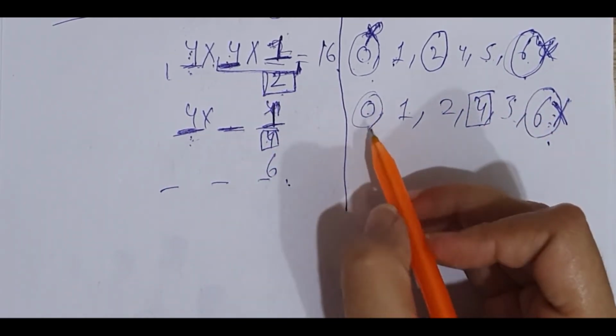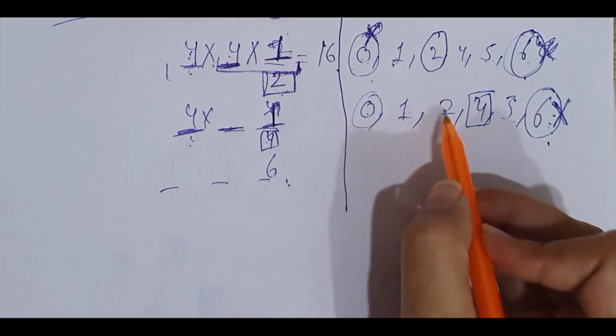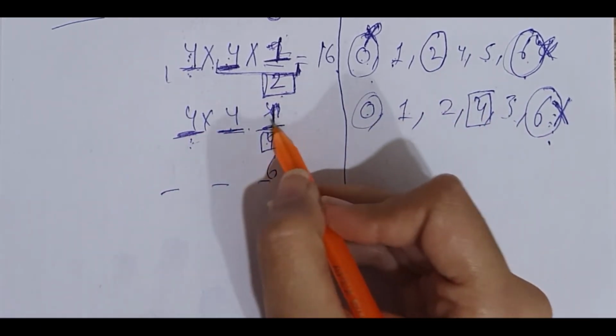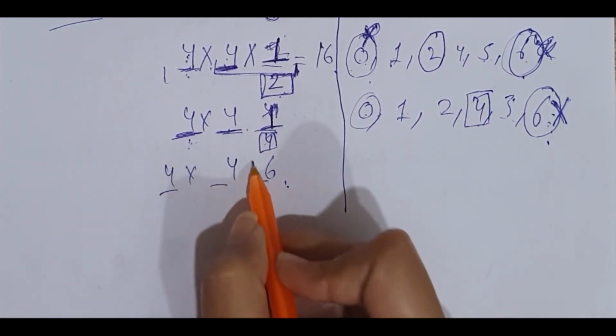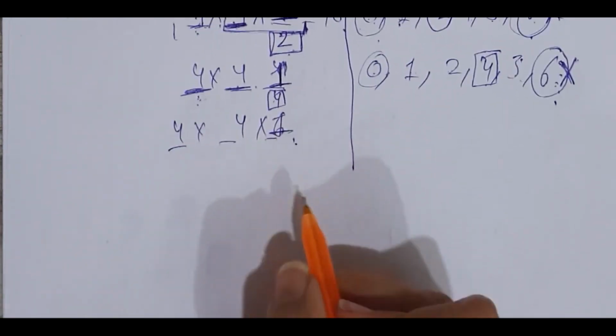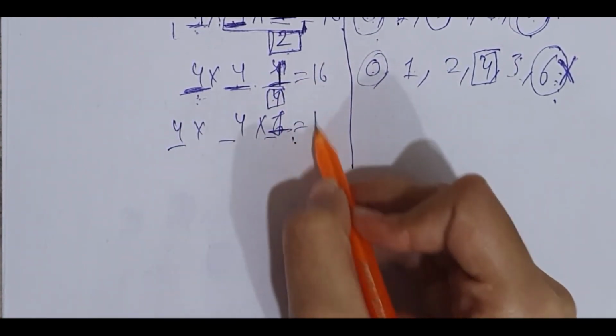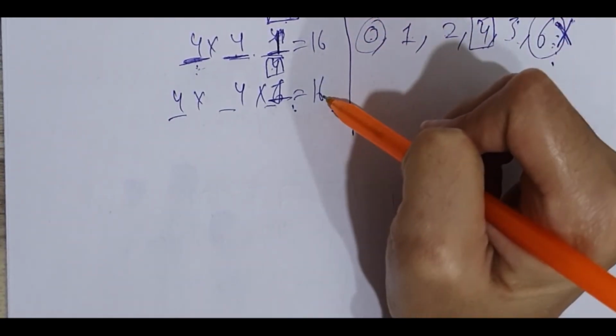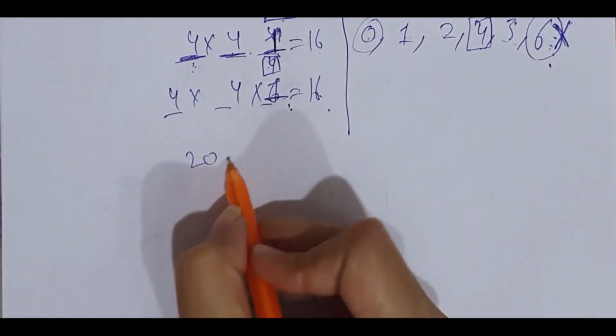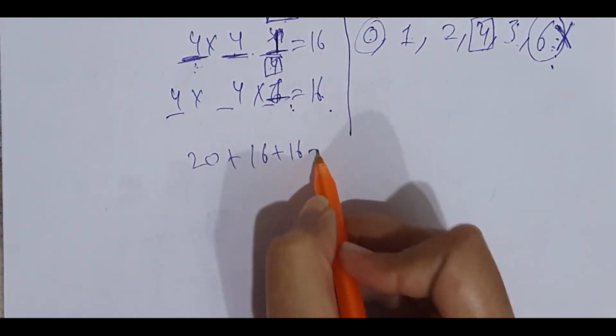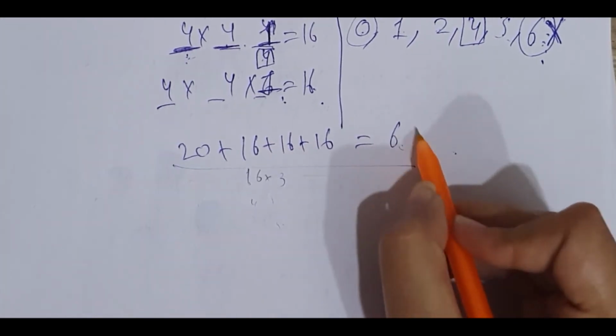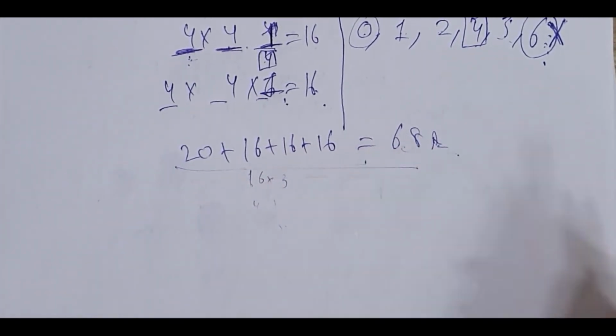So how many numbers can be possible here? 1, 2, 3, 4. Similarly like this, here 4 cases can be possible. Now add these cases and you will get your answer. Maybe 68 will be the answer. You can check it by yourself also.